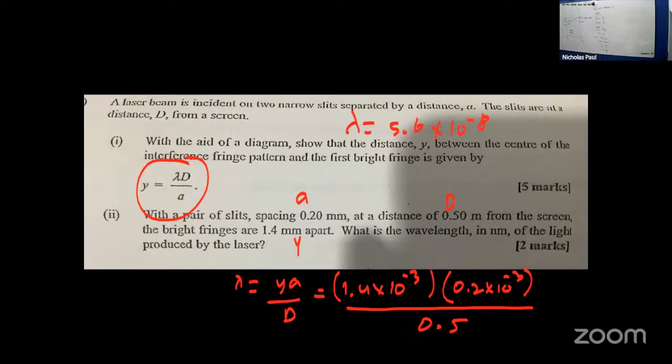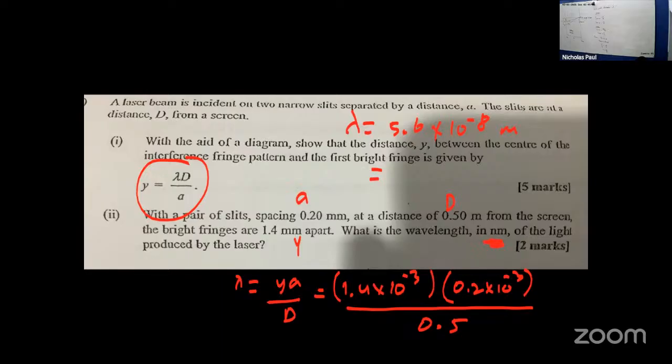But they want the answer in nanometers. Nano is minus what? Minus 9, right? So what would the answer be in nanometers? Are you sure it's 5.6? 5 to the minus 7, right?